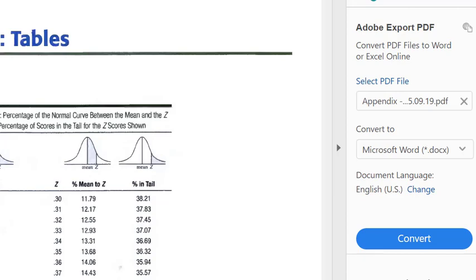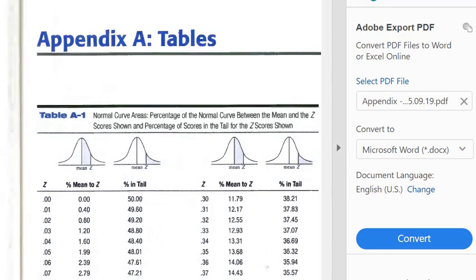In the Aaron and Aaron table, probability of z less than 0 is the same as probability of z greater than 0, because it is a symmetrical distribution.